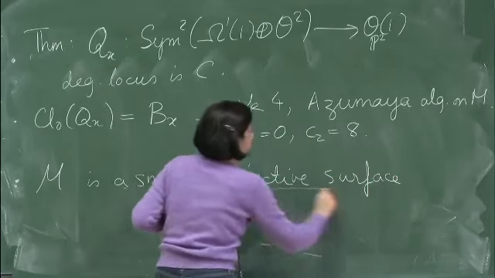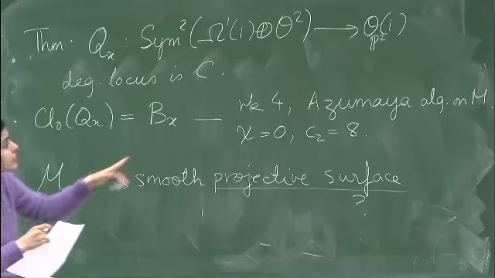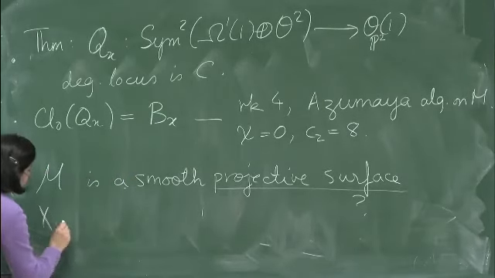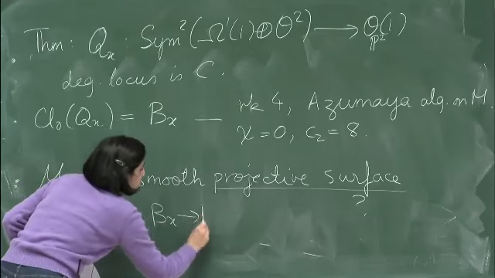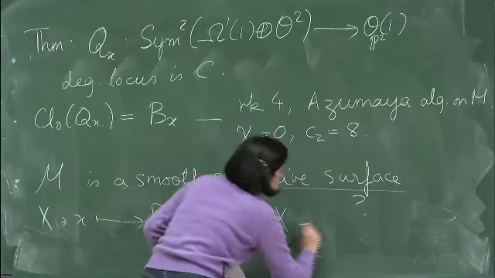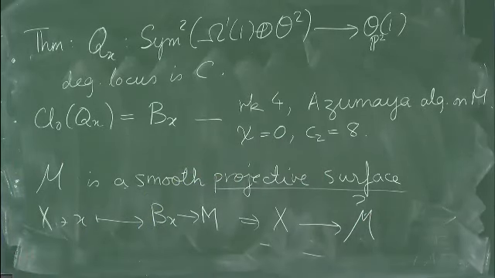Smooth projective surface. Question is, what is it? So notice we did this reduction by choosing a point x in X. If you take an x in X, you get an algebra B sub x over M. And so this gives a natural map to the moduli space. And then the question is, is this map injective?